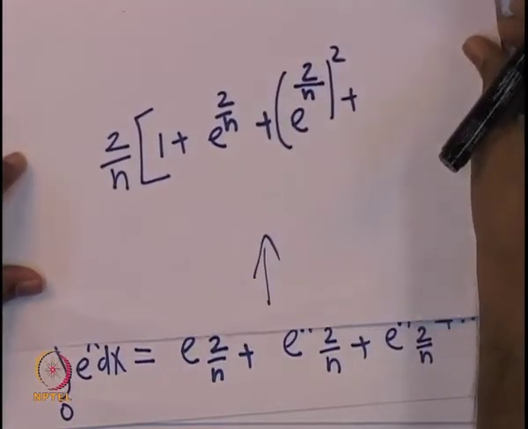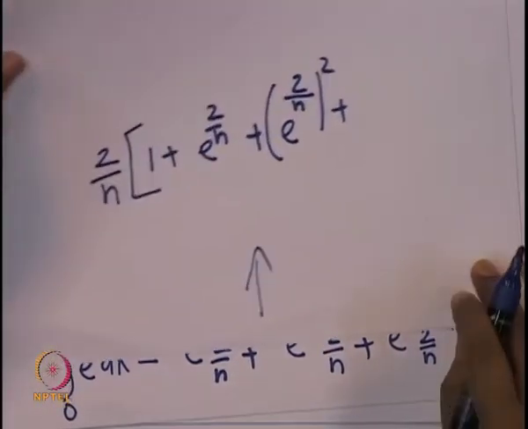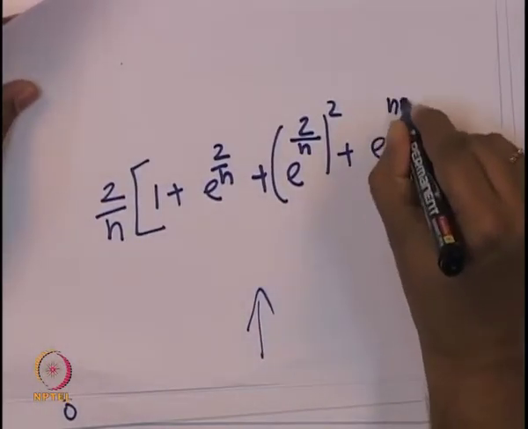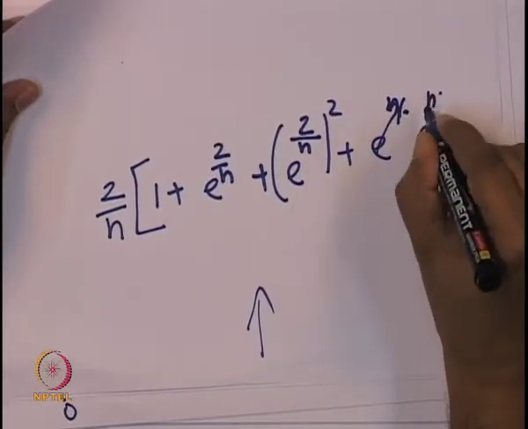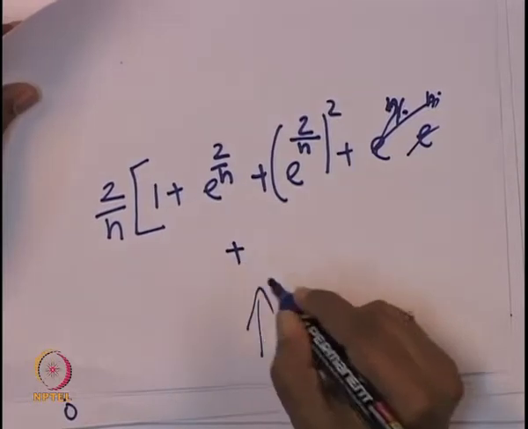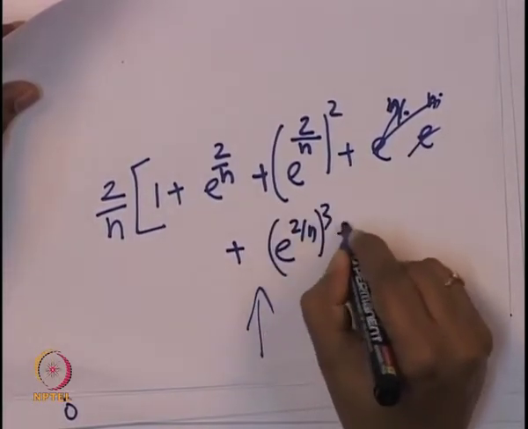The next term is going to be e power 6 by n, which is e power 2 by n whole cube, plus dot dot dot.